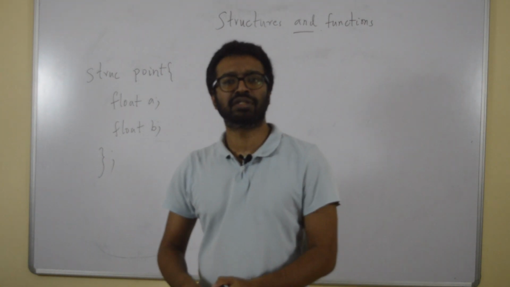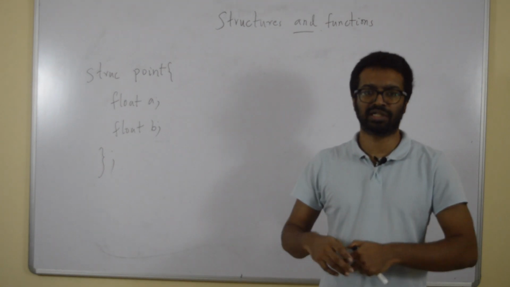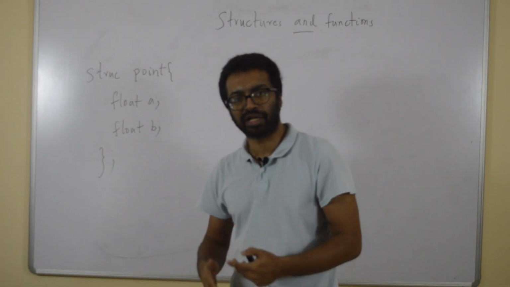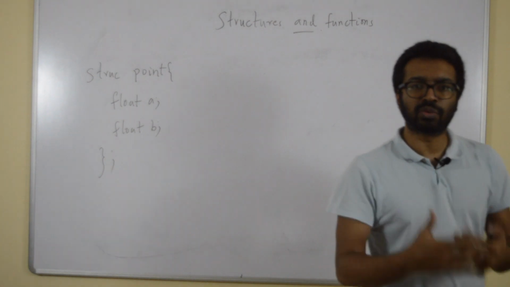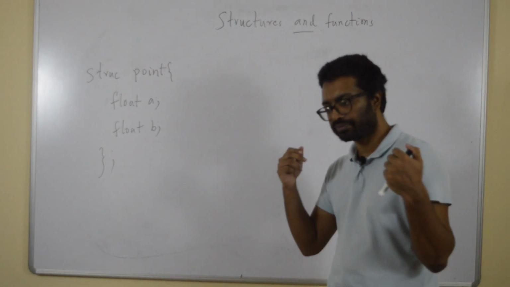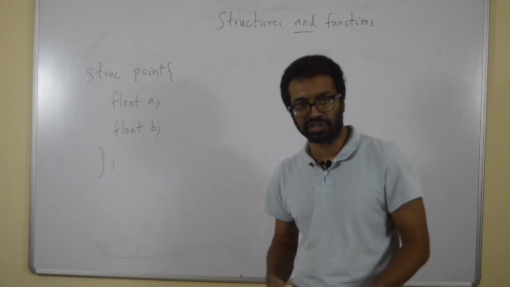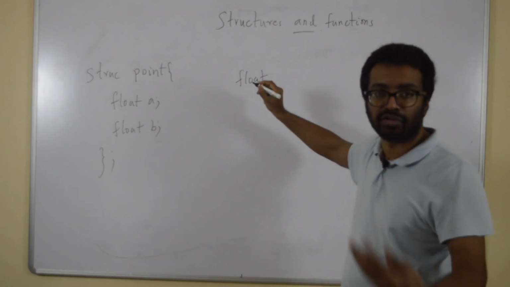Let us write a function which takes this point structure as an input parameter, and returns the square of its distance from the origin. It is going to return a float.